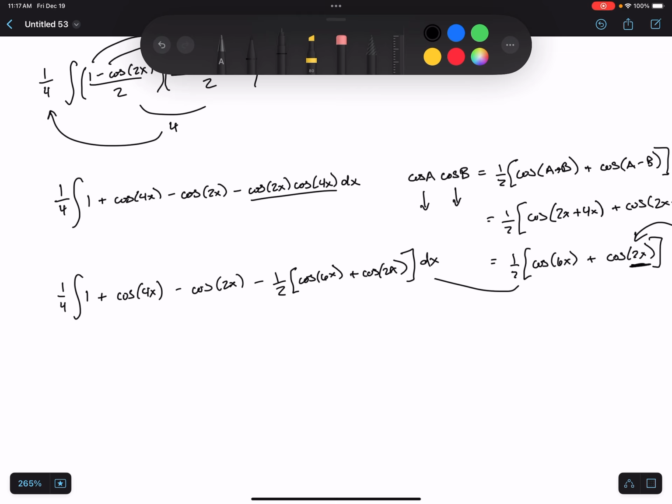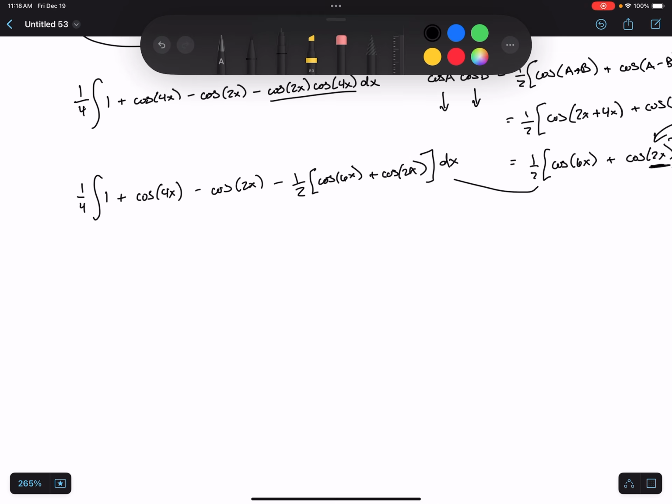For simplicity's sake, I'm going to rewrite this once more, but I'm going to split these two integrals. So I have 1/4 times the integral of 1 plus cosine 4x minus cosine 2x minus, we've got 1/4 again, but we're going to multiply it by 1/2, so we'll say 1/8 times the integral of cosine 6x plus cosine 2x dx.